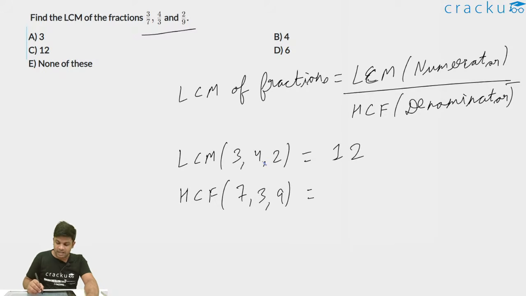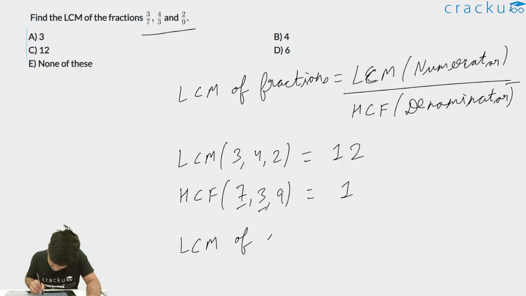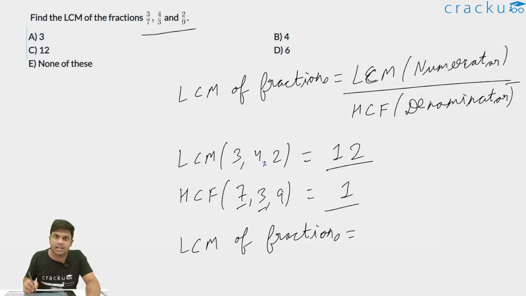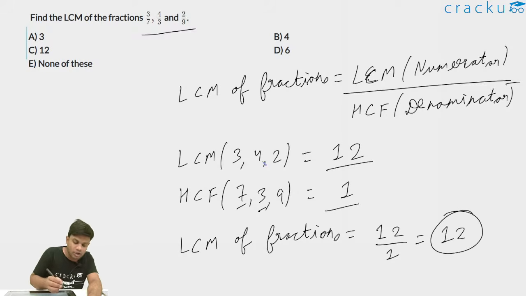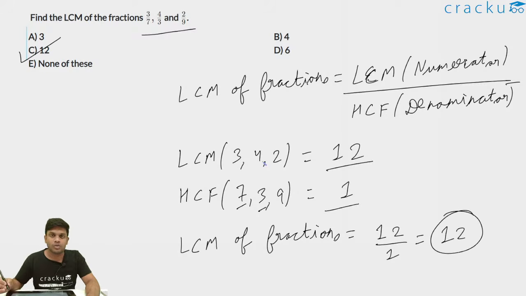When you find the HCF of the denominators, you will find it as 1 because 3 and 7 are prime numbers, so HCF of any prime numbers is 1. So LCM of fractions: LCM is 12, HCF is 1. So it will be 12 by 1, which is equal to 12. So the answer is option number C, which is equal to 12.